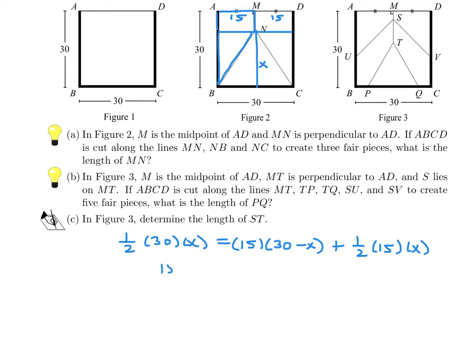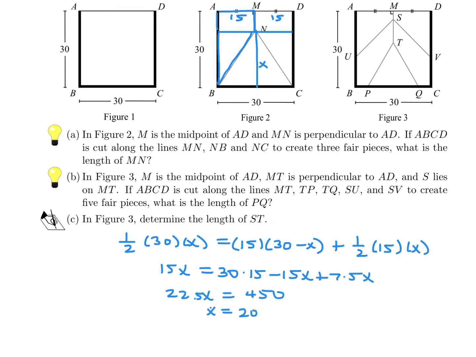So this is 15x, so this would be 30 times 15 minus 15x plus 7.5x. So put all the x's on one side, so that'd be 22.5x is equal to 30 times 15, which is 450, and therefore x would be 20.